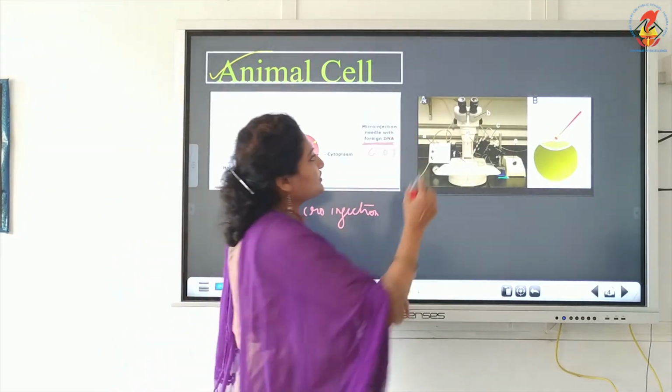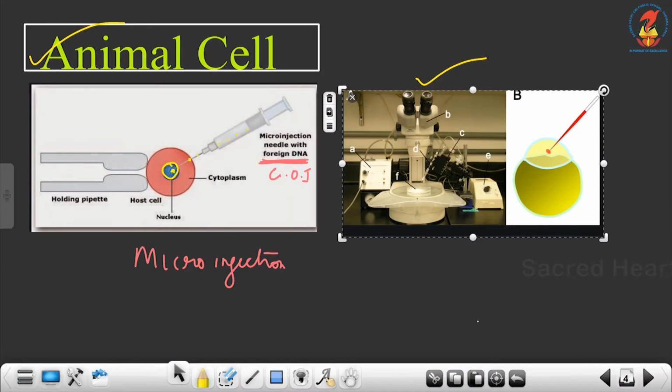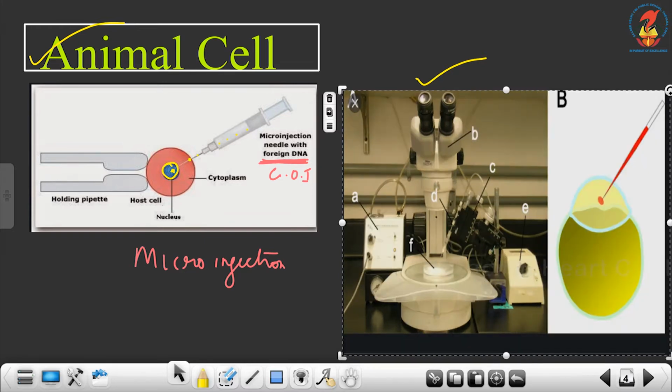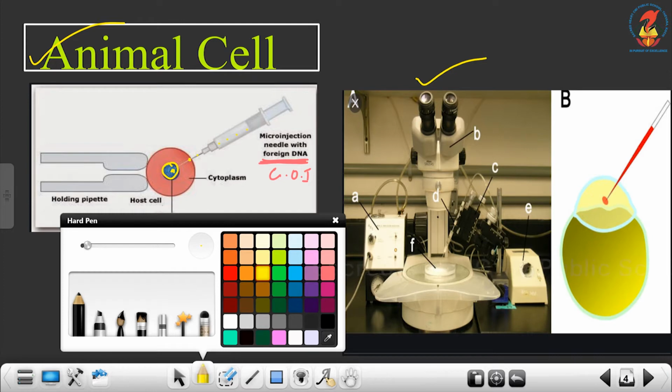And the actual picture of microinjection is this. I wish to zoom it. It's not like the normal syringe. Definitely there's an injection here.